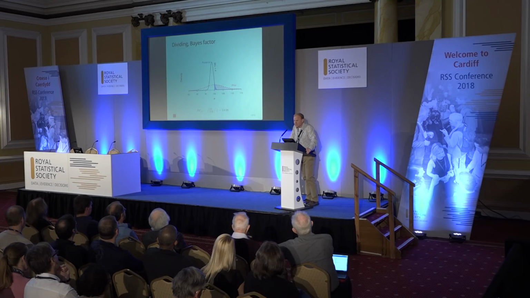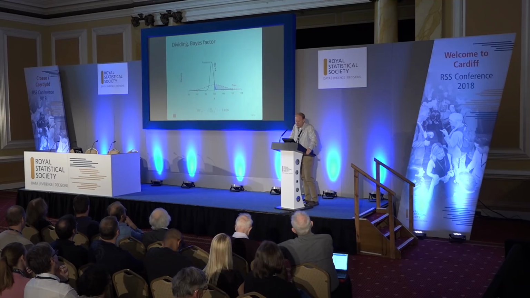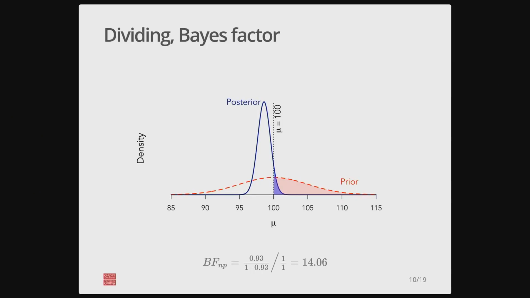Now, if I want a Bayes factor comparing whether my mean is greater than or less than 100, what I do is I look at the prior and I say, my prior is centered around 100, and so my prior odds are 1 to 1. Then I look at my posterior and I note that the posterior probability is 0.93 that it's less than that.